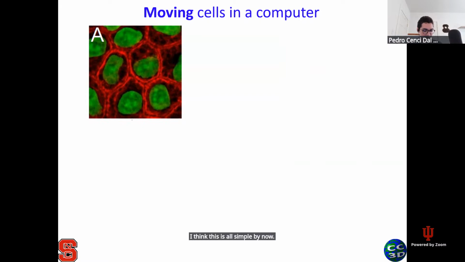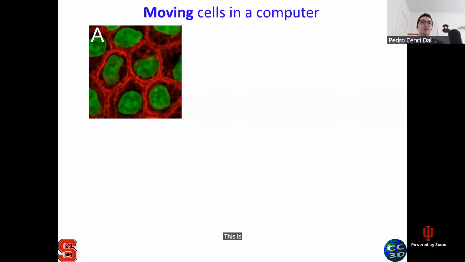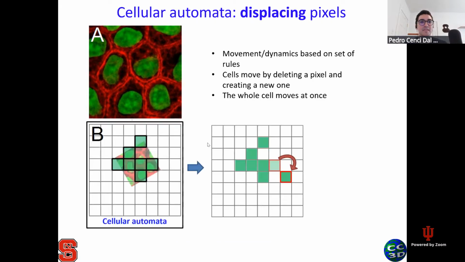The problem now is how cells move, because we represented the cells, they are situated in space, but they can change position. This is essential, especially for developmental simulations where cells move around, they grow, they divide, they interact, all this kind of stuff.